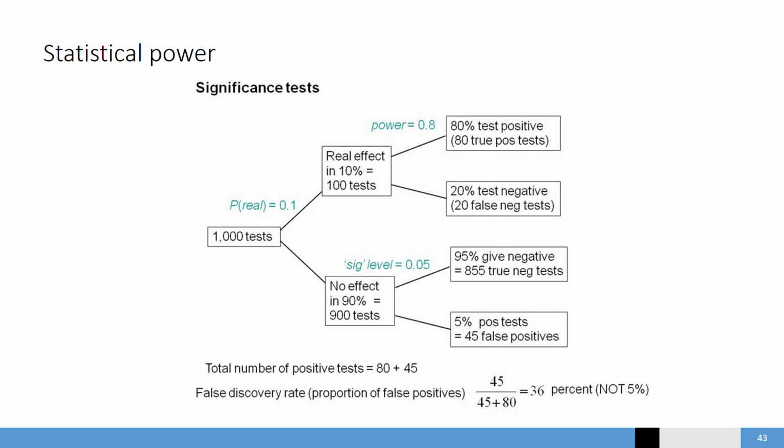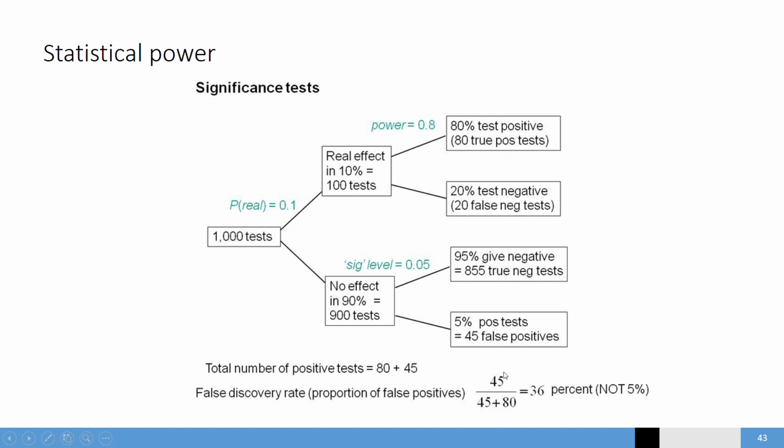So if you count how many errors you have had, you don't know the true state of nature. All you know is how many positives you have observed. So I have observed these 80 positives, but I have also observed these 45 positives. How many errors have you committed? 45 were incorrect positives, out of this many positives you had.